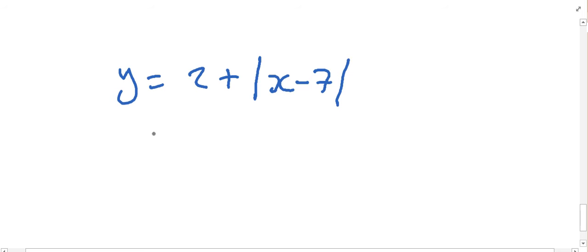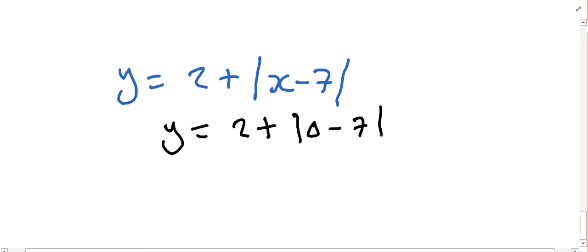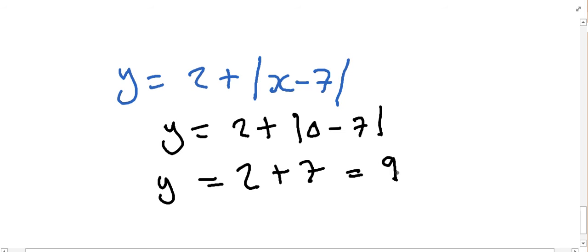The y-intercept here is going to be 2 plus the absolute value of 0 minus 7, so y is equal to 2 plus 7, and you know that this will give you 9. So that is your y-intercept.